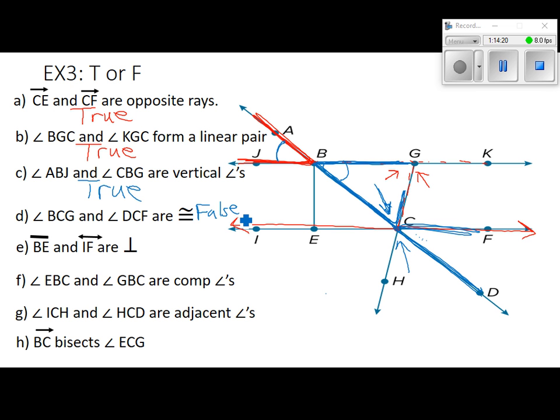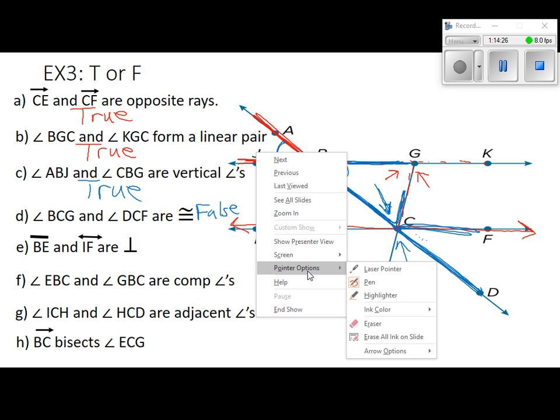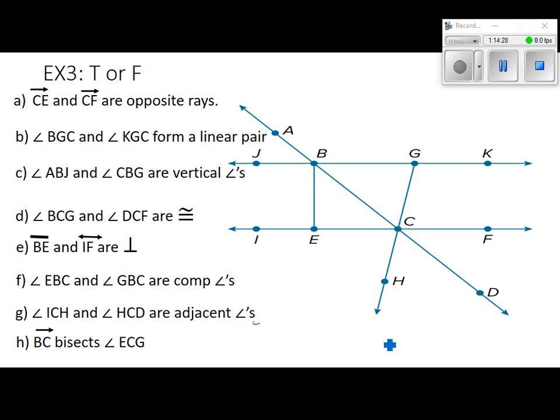Next. Segment BE and line IF are perpendicular. Let's erase all this stuff. Segment BE and line IF are perpendicular. Can we assume that these two are right angles? We cannot assume that, so that is false. Next.